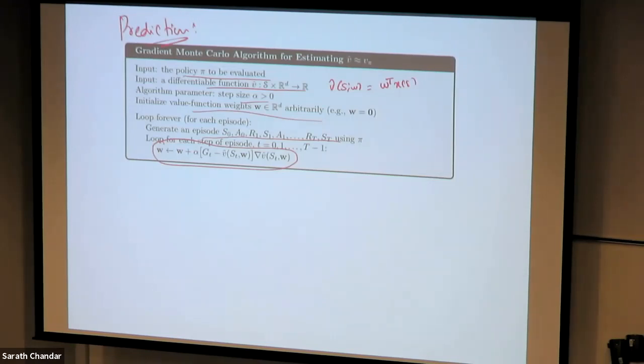If you remember from our bandit case, alpha should be such that it converges. We are not going to talk about the theory of convergence here, but just know that there are certain conditions that alpha should follow. Is that clear? Sorry, yeah.